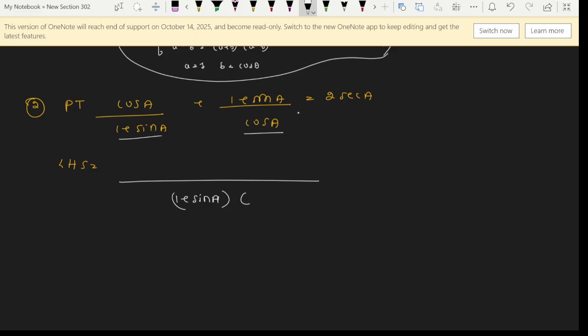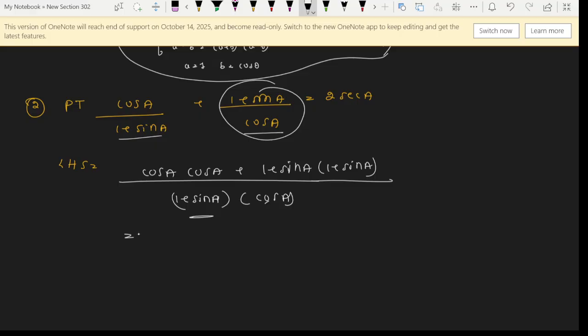What is the LCM of the LHS? 1 plus sin A into cos A. Now what should I multiply with cos A? That is nothing but 1 plus sin A, the common factor. So cos A has to multiply with cos A, plus again here, cos A is common over here, so 1 plus sin A has to multiply with 1 plus sin A only.